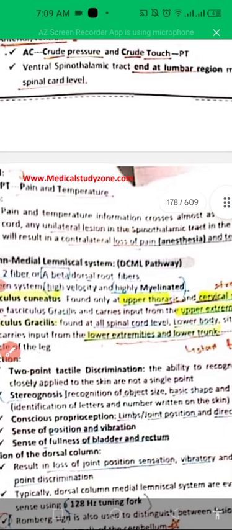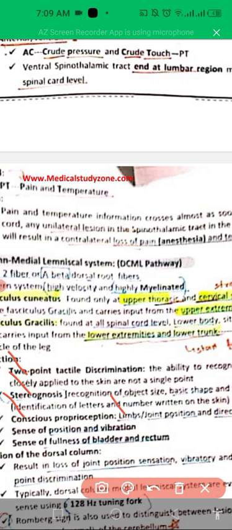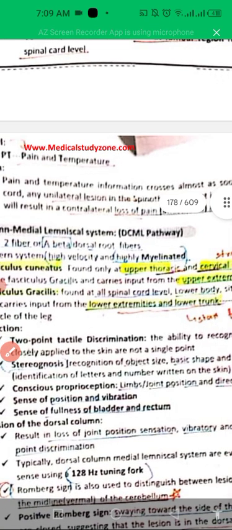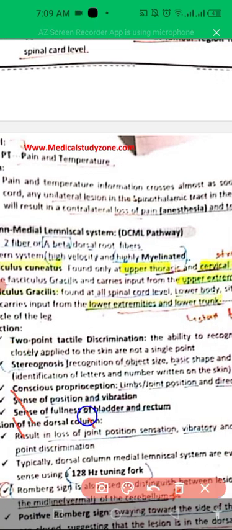Conscious proprioception, limb position, and sense of position, and sense of fullness of bladder are controlled by the dorsal column medial lemniscus system. If there is a lesion, it results in loss of position sensation, vibration, and 2-point discrimination, because this area typically controls 2-point discrimination.